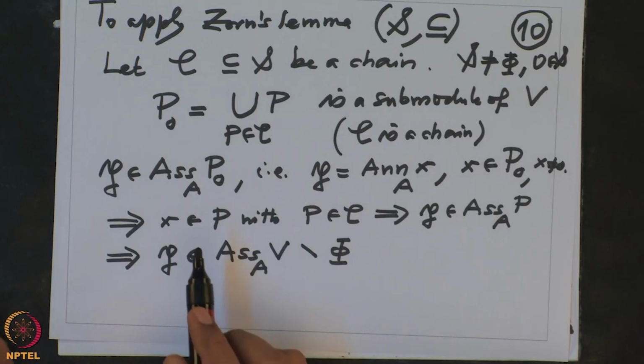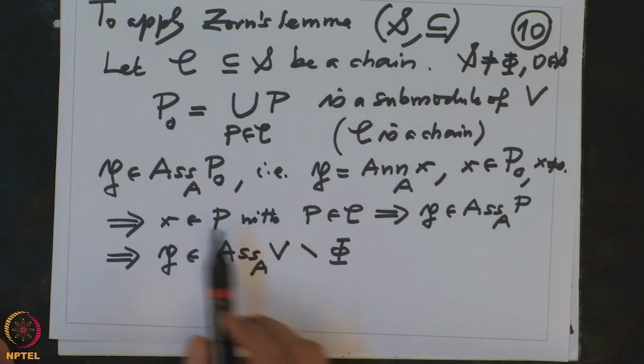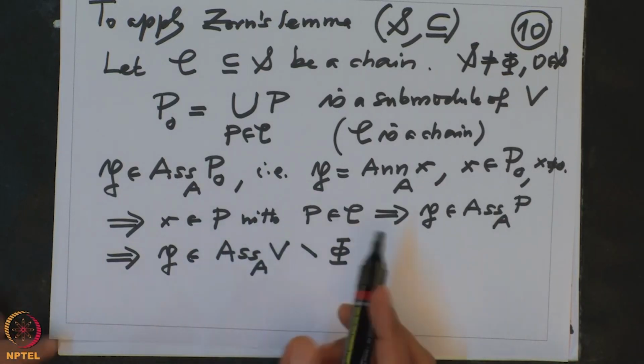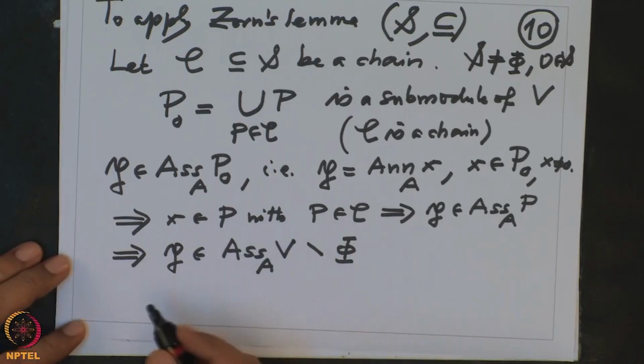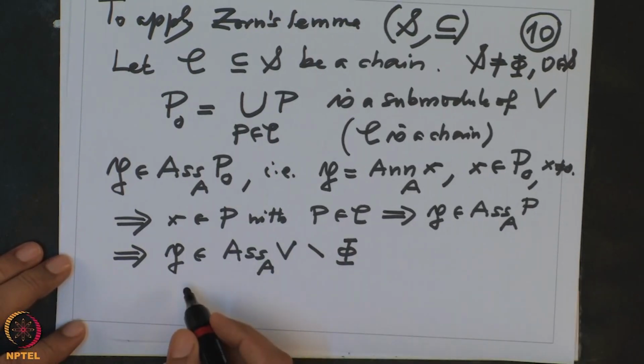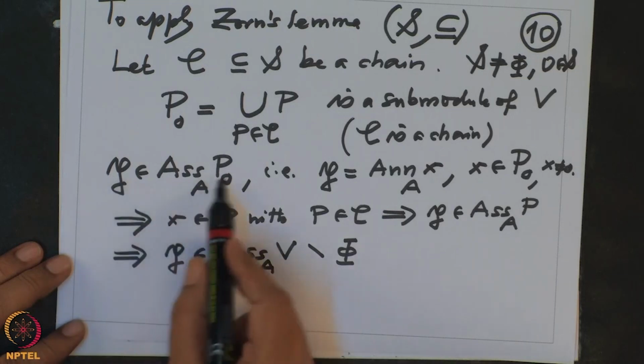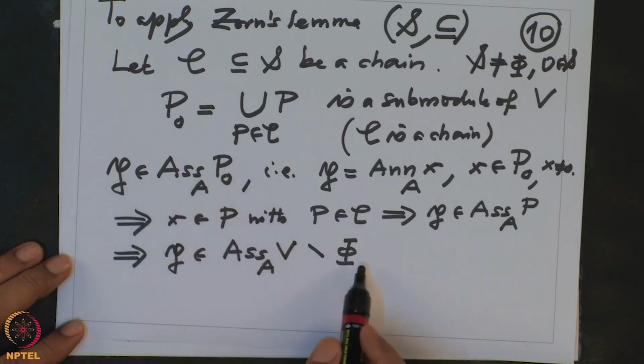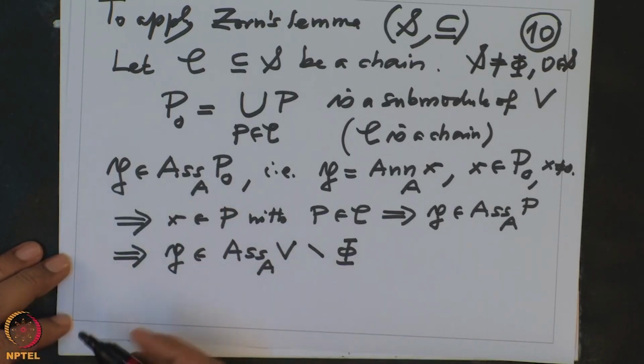And now we want to check that this P naught is the required submodule, but that is clear because we have checked that every P is contained here.